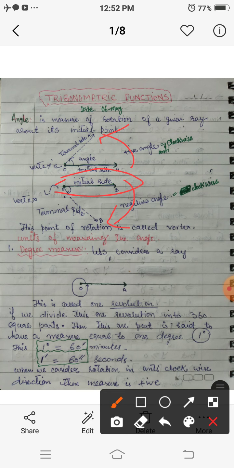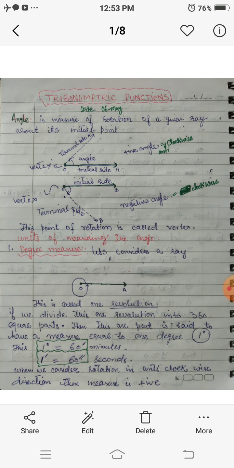Now if we consider a ray with the initial point O and the end point A, and if we make one complete revolution about this initial point O, in clockwise direction, so the rotation is like this, that is, we rotated this ray from A back to point A. So this is one complete revolution.